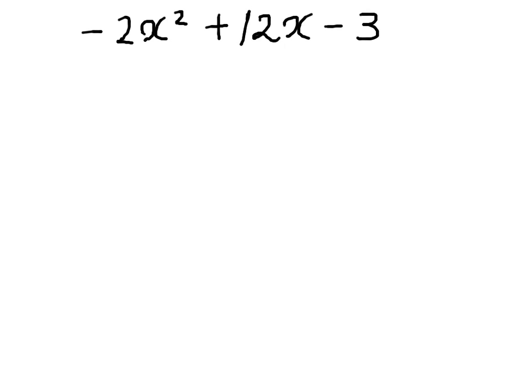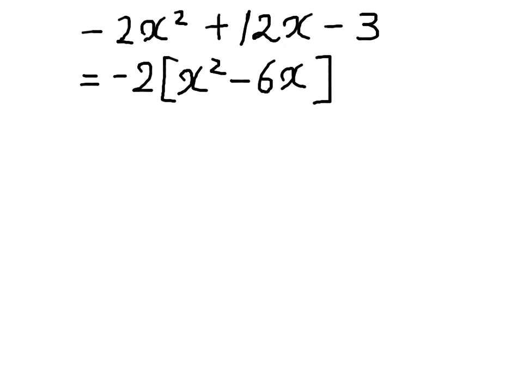The last question has minus 2 in front of the x squared term, so I'm going to factorize out minus 2. Minus 2 outside the square bracket, that leaves x squared. Because I took the minus sign outside, I'm going to have minus 6x in the square bracket. You don't touch minus 3, so I'm going to write minus 3 outside.